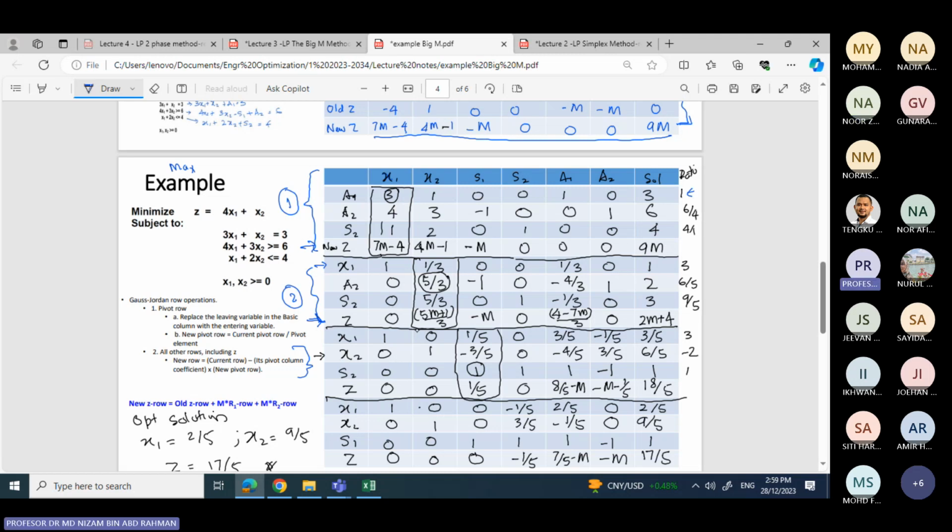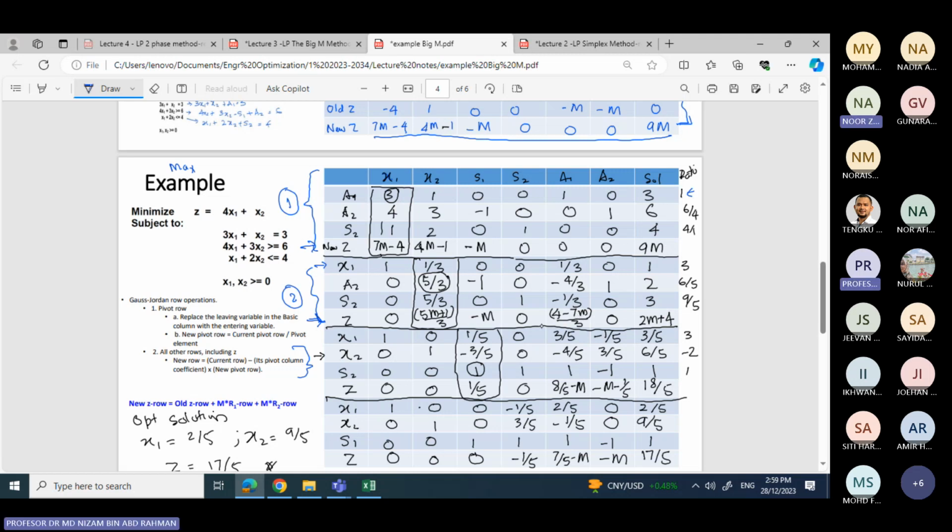Yeah, still have a positive value, because this is minimization. Whenever it is minimization, if you have all negative values or 0, then you're optimum. So we still have a positive value in here. 5m plus 1/3 is positive, minus m is negative. How about this one, 4 minus 7m/3, is it positive or negative? Negative, right? Because m is a very huge number.